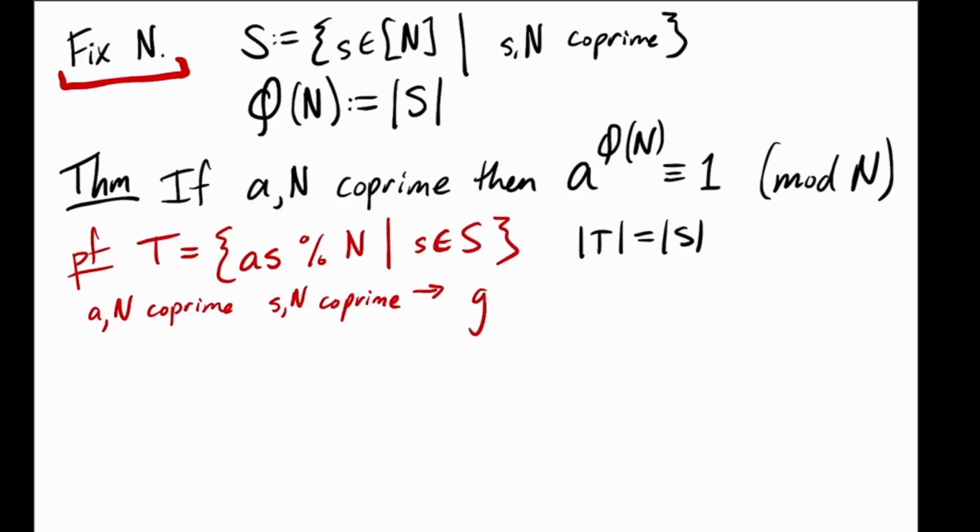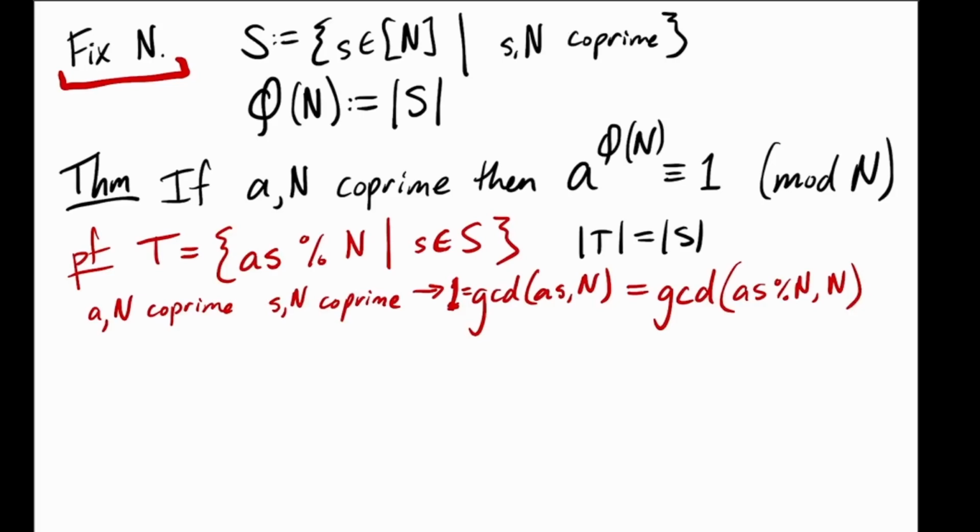We have 1 is equal to the GCD of as and n. And by just one step of the Euclidean algorithm, that also implies that this is equal to the GCD of as mod n and n.